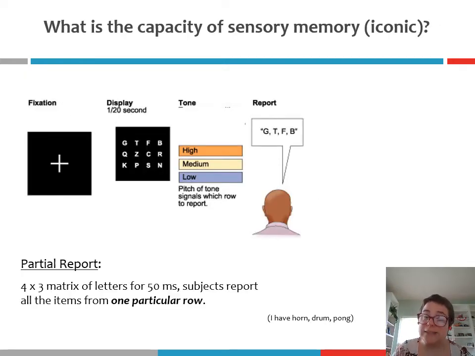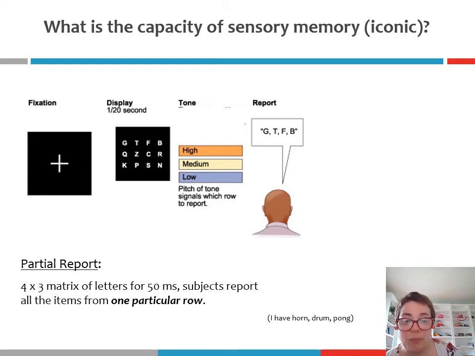Well, he created a slight variation. The first experiment that I told you guys about was the whole report procedure, where you just see an array of 12 letters and you're asked, tell me all of the letters that you see, or all the letters that you can remember seeing, right?